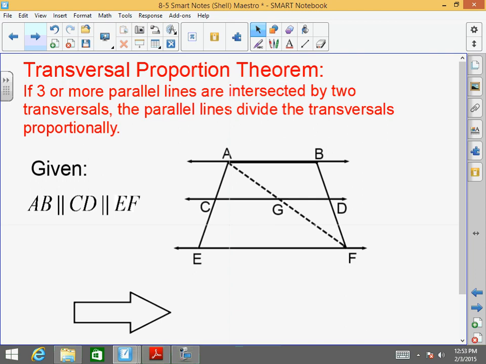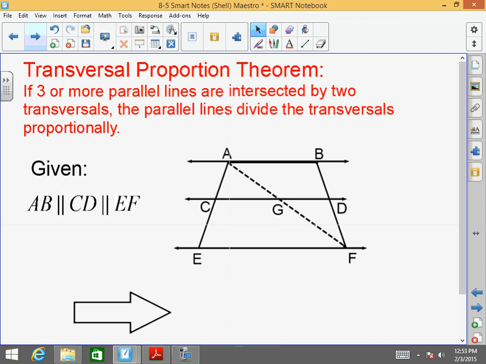So it's almost identical to side splitter, except in side splitter, we're talking about a triangle. Here in the transversal proportions theorem, which I kind of made that theorem up, it doesn't really have a name.